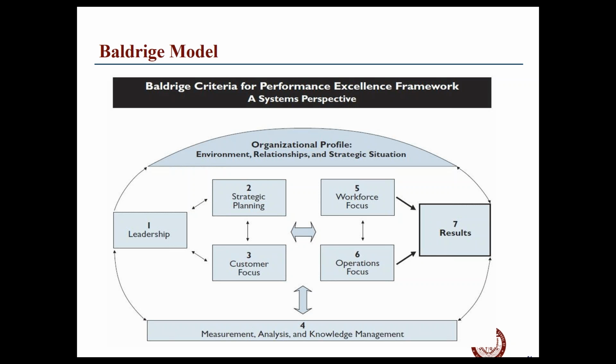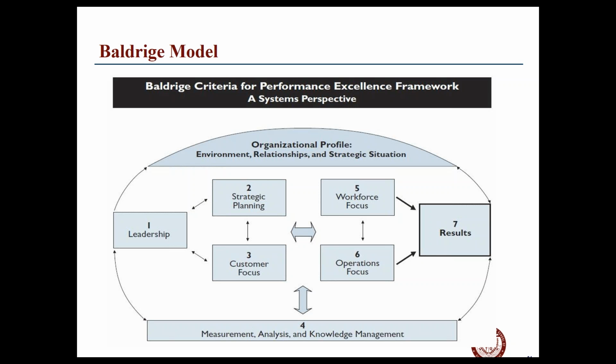Basically, they broke down the organizations and their best practices and put them into categories: leadership, strategic planning, customers, and what their approaches are for each one of these. The nice thing is that everything you do in an organization can be correlated back to this.